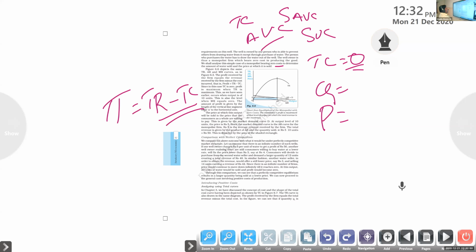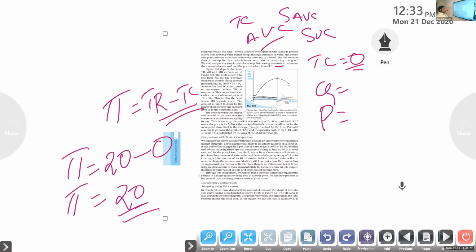For example, TR is equal to 20, total revenue is 20, and TC is equal to 0, then the profit is 20. Profit is 20, right? So that's the simplest example. We want to keep it in mind: profit is equal to TR minus TC.